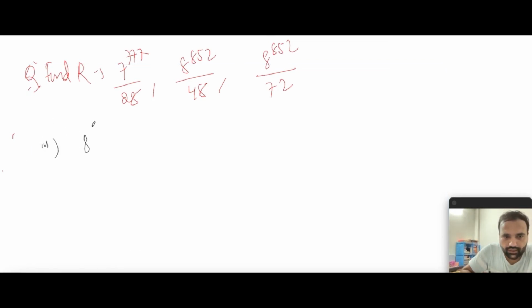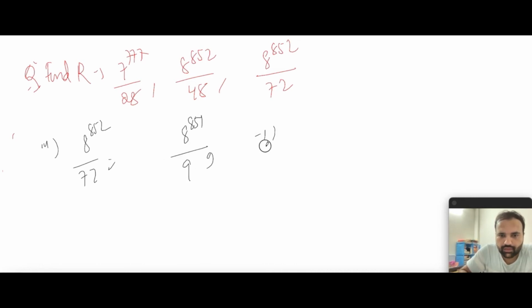So now we'll be doing the third one. Third one is 8 to the power 52 by 72. So the first step, now do this with me, okay? As far as you can go, that's fine, but that would help you to understand in a much better manner. So we can write this as 9. Again, 9 is minus 1 into 851, which is minus 1. But this cannot be a remainder because this is a negative term.